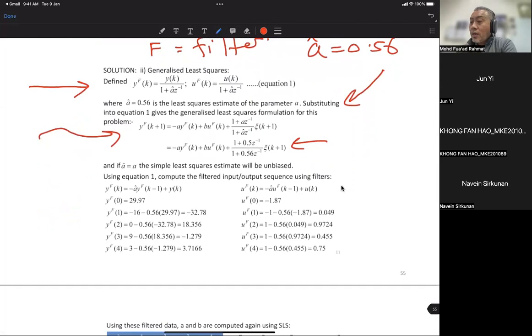If A estimate is equal to A, the least square will be unbiased. So using equation 1, compute the filtered input-output sequence using the filters.